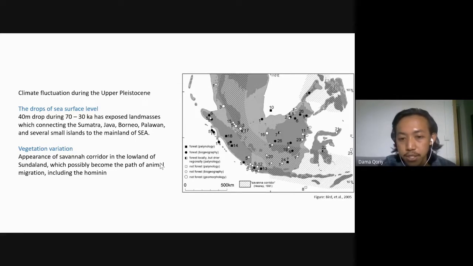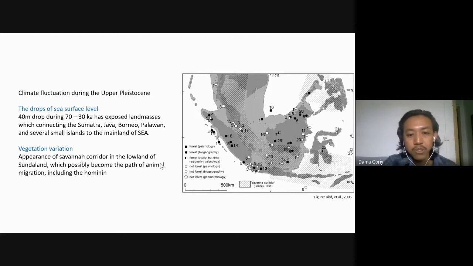This continental shelf is also present in the eastern part of the island, which connects New Guinea with Australia. Moreover, the sea level change and the exposed continental shelf also shaped the environmental condition of the region, for example, the change of the vegetation according to the latitude and the local climate.